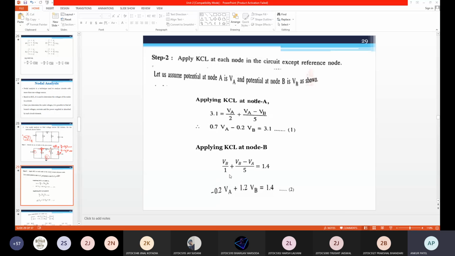Anyone having doubt regarding this mesh or nodal analysis? No, sir. Whatever I am delivering to you, are you getting me properly? Yes, sir. Good.